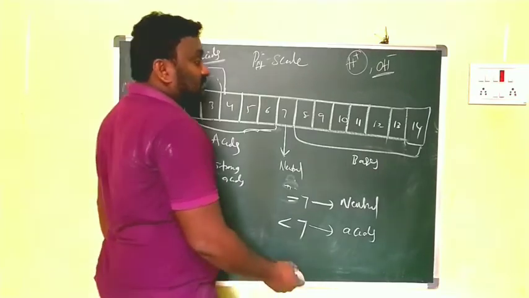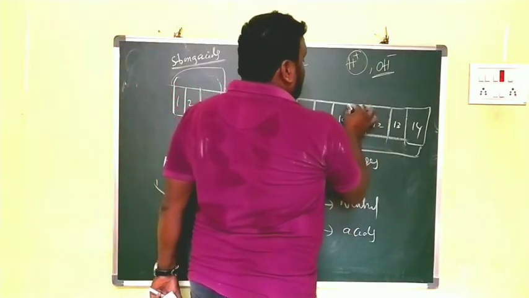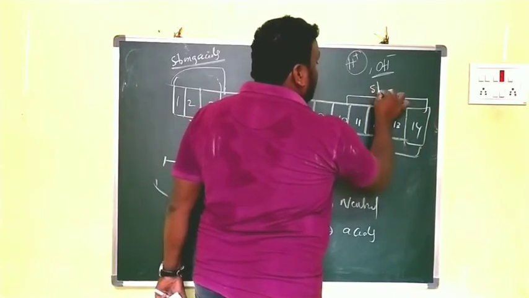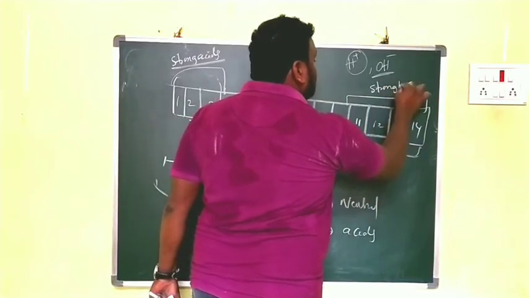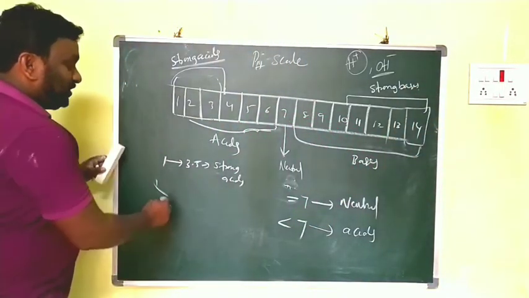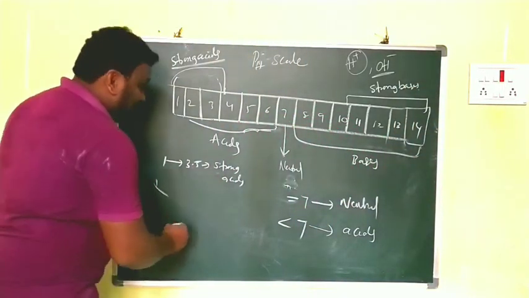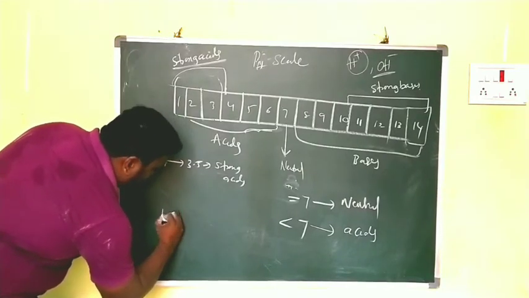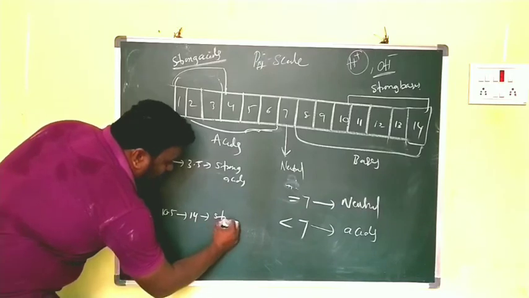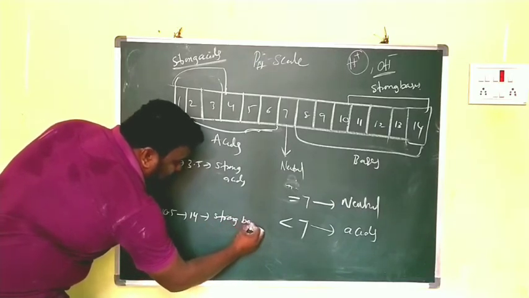And here, 10.5 to 14, they are the strong bases. Got it, children? So 1 to 3.5 strong acids, and 10.5 to 14 are called strong bases.